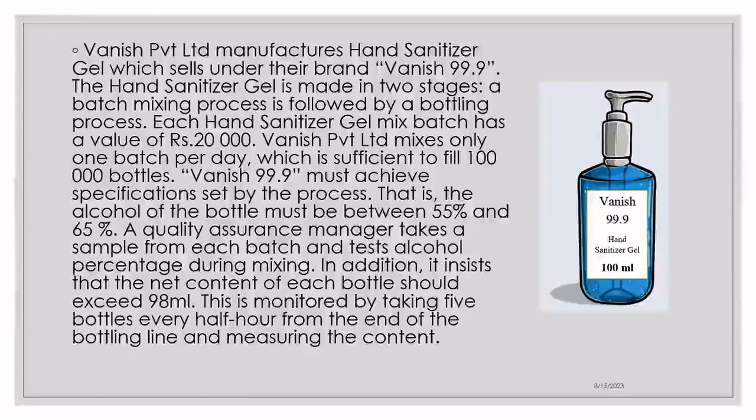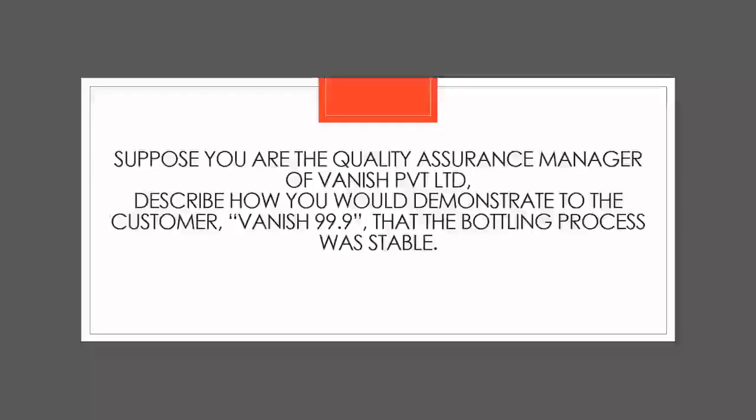Now I believe you have a proper idea about the case, right? Okay. Here they didn't give any calculations or whatever. They have explained the scenario that the organization is performing, right? The question is: suppose you are the quality assurance manager of Vanish Private Limited. Describe how you would demonstrate to the customer of Vanish 99.9 that the bottling process was stable.